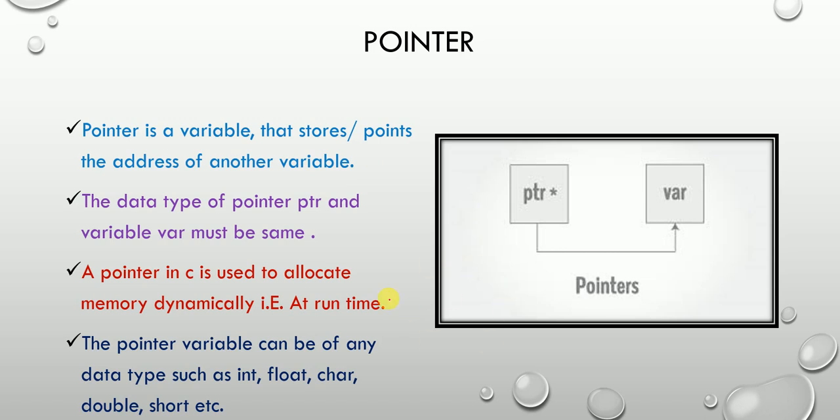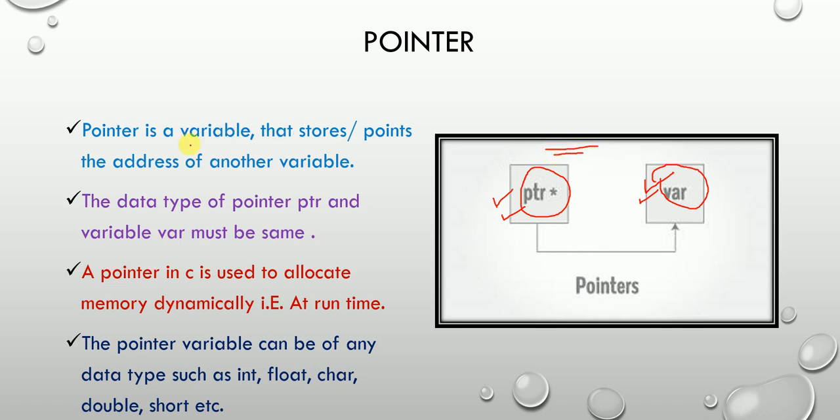So whenever you consider the pointer, the data type of the pointer and the variable should be the same. Means if you use int for this one, for the variable also you should use int. If you use float, then for the variable also it must be float. Both should be of the same data type.